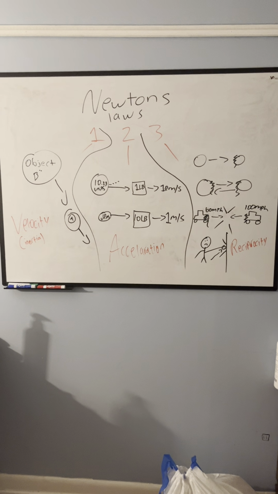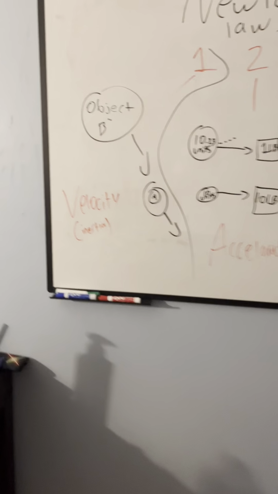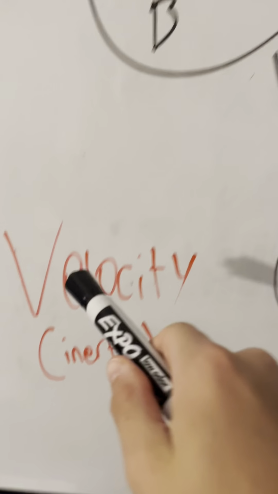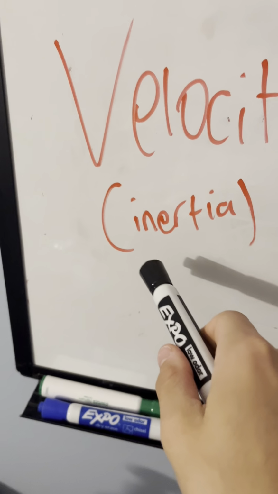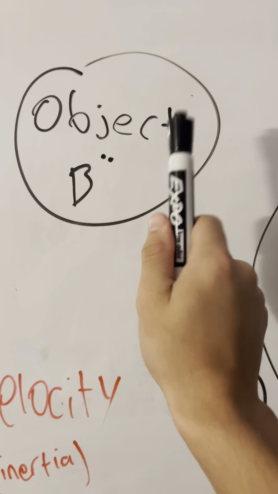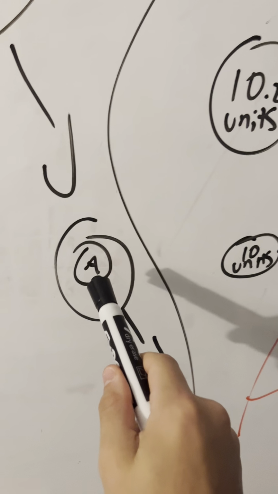Okay, this is my rough understanding of Newton's three laws of motion. In the first law of motion, most emphasis is placed on velocity. The first law of motion could also be described as inertia. And it's all about a different object influencing the velocity of another object.